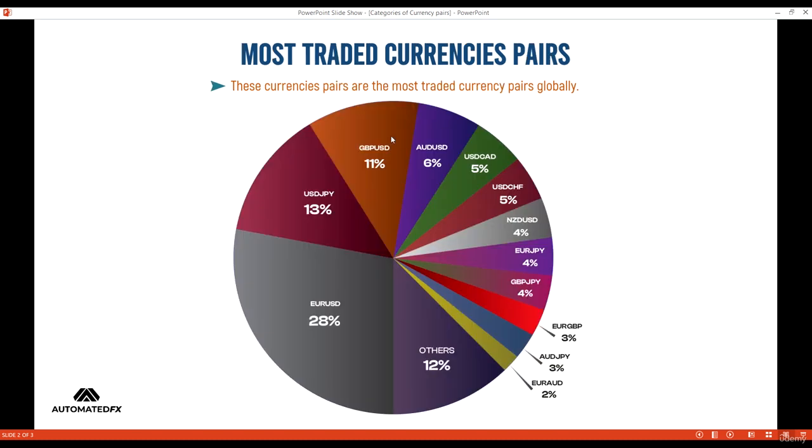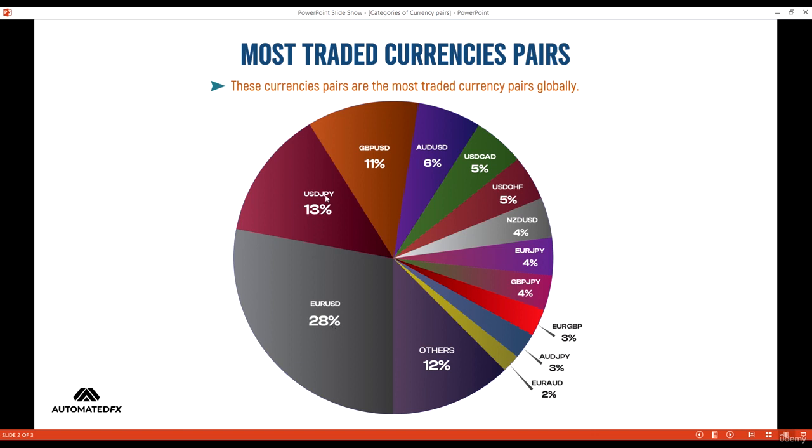Then in the next slide, we have the most traded currency pairs. These are the most traded currency pairs globally. Here we have the currency pairs and the percentage of global trade in the Forex market. We have the Euro USD at 28% of trade.